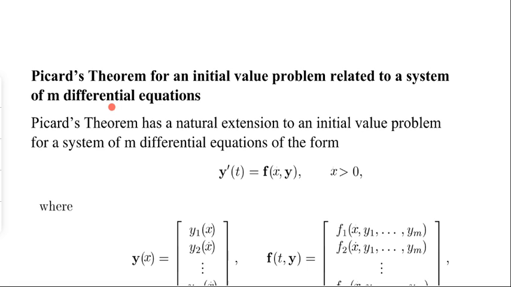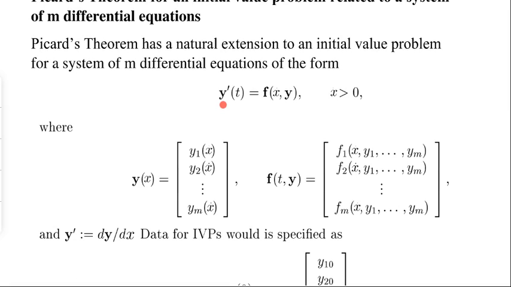In the previous version of Picard's theorem, we considered some assumptions on an ODE subject to one initial condition. Here we want to extend our previously studied Picard theorem for a system of m differential equations in this form.